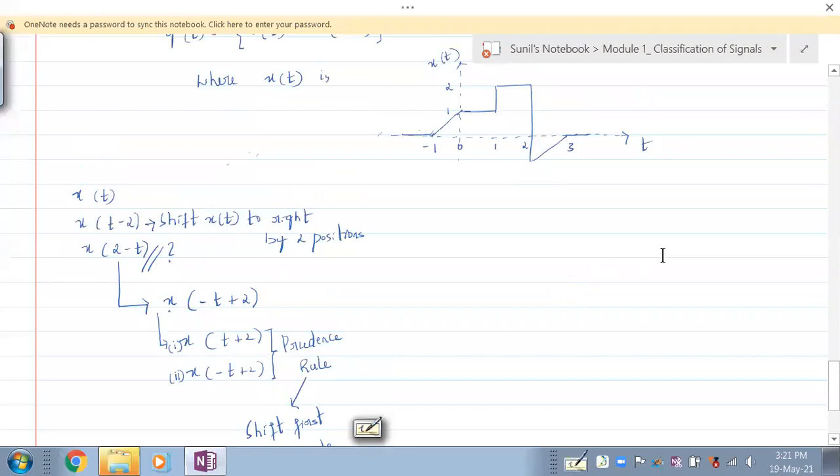You can use it for any signal which involves shifting and scaling at the same time. So let's first have x of t plus 2, which is quite simple stuff because it's just shifting the signal to the right or to the left. Anybody?